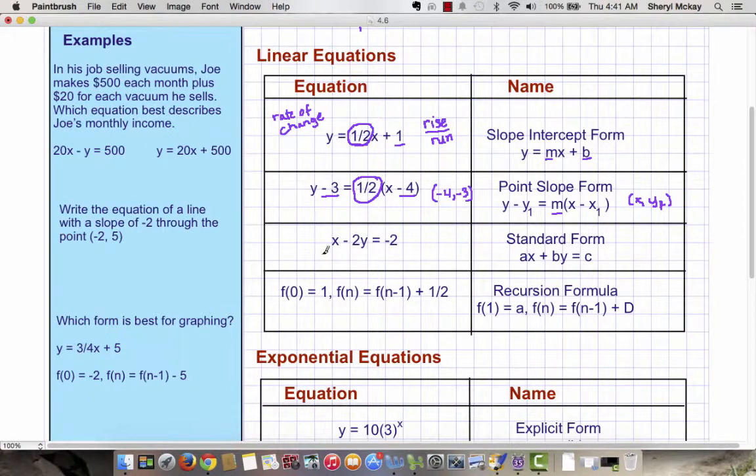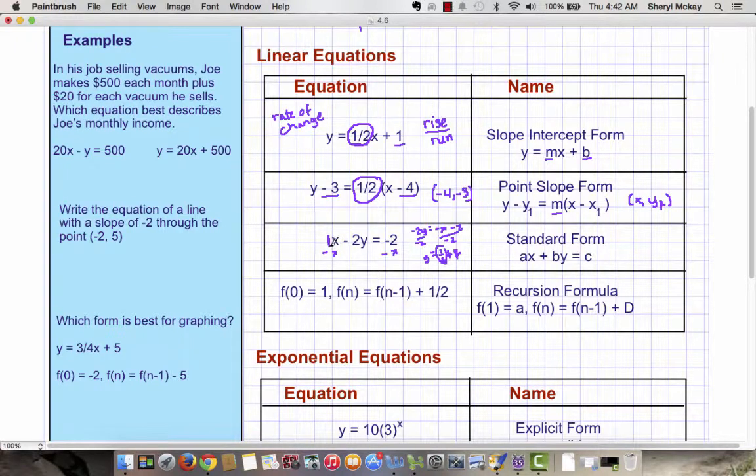But you could easily see that if I subtract x from both sides, I would have negative 2y equals negative x minus 2, divide by negative 2, and I get y equals positive 1/2 x plus 1. So then again, my slope is 1 over 2. A little bit trickier to see, but you know that there's a 1 there.